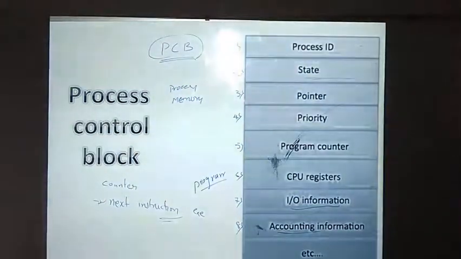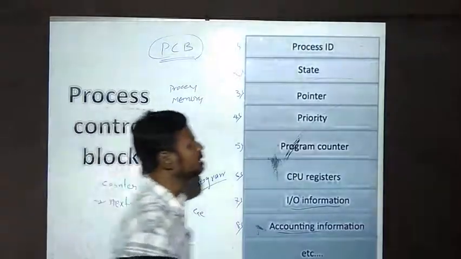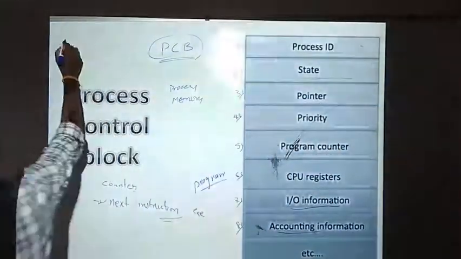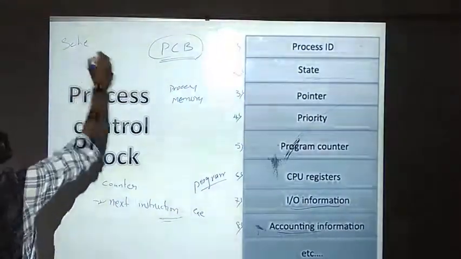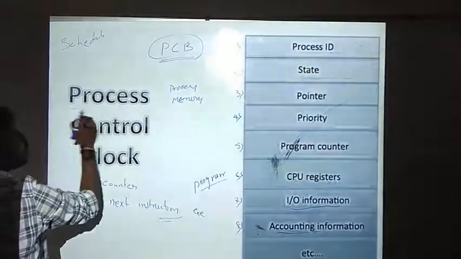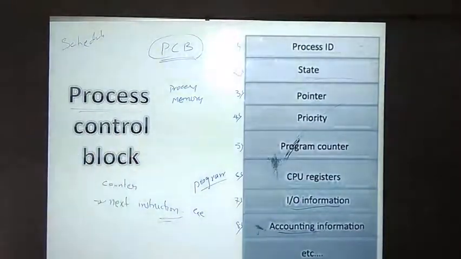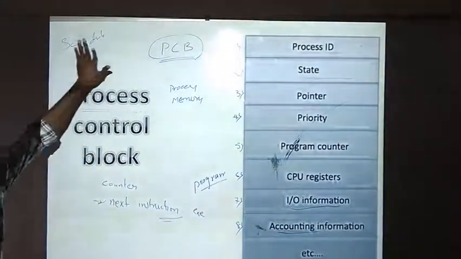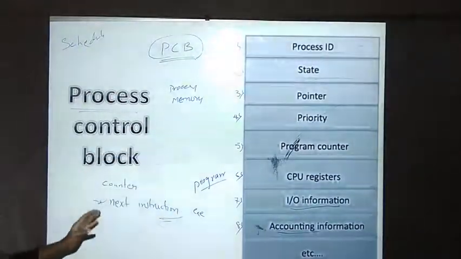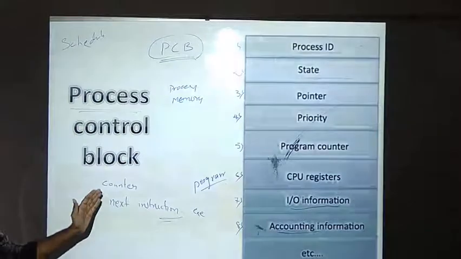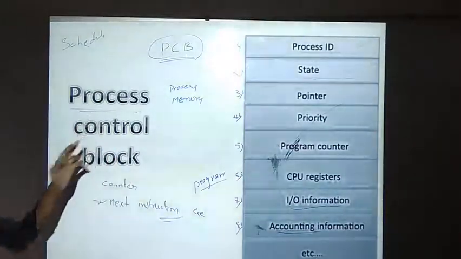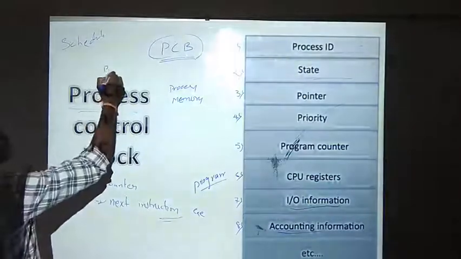One more important topic that I want to cover is CPU scheduling. As I already told you, we have some priority. In order to execute our processes, we need to schedule those processes according to their priority, like P1, P2, P3.